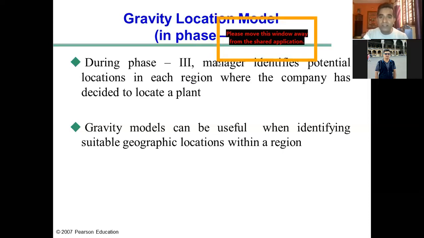I repeat, during phase 3, the manager identifies the potential locations in each region. For example, if Asia is one of the regions where the facility will be located, Asia is a continent with several countries, so the manager has to decide in which country the facility should be started.